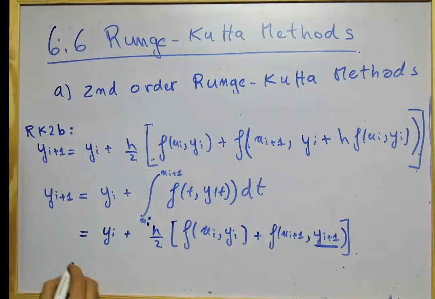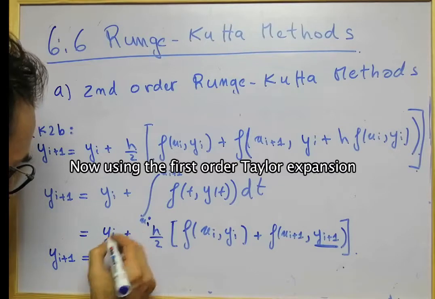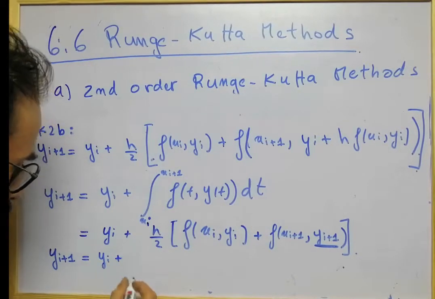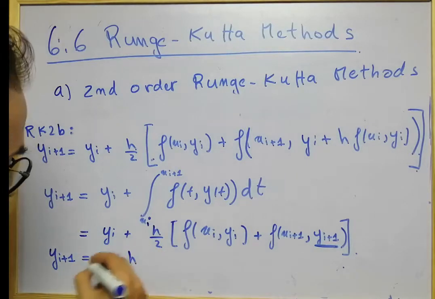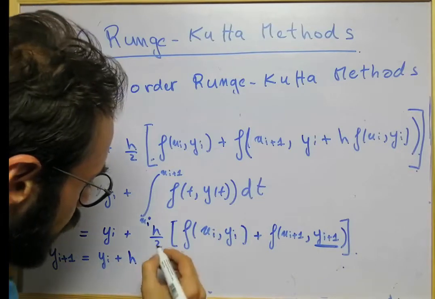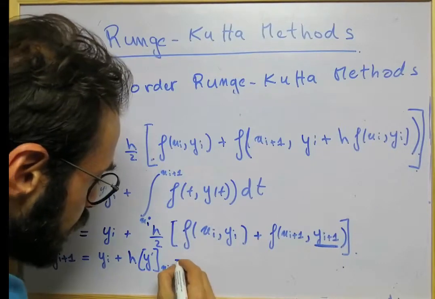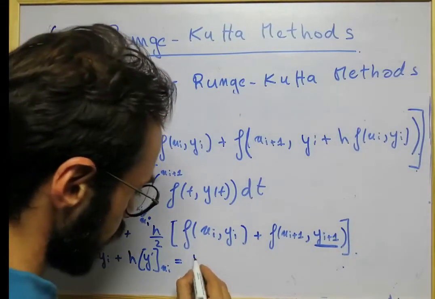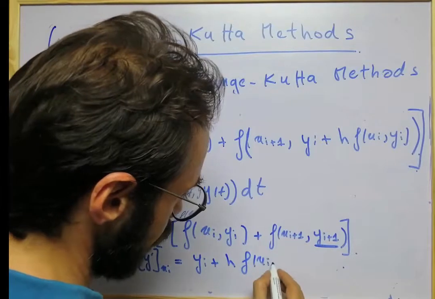So, if we use the Taylor expansion of first order for the y i plus 1, which is y at x i plus h, it's equal to y i plus h y prime at the point x i, which is equal to y i plus h f of x i, y i.